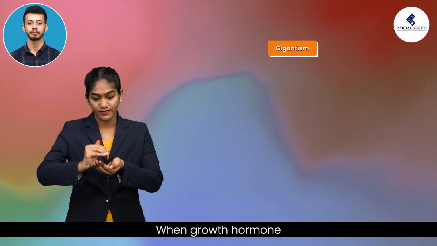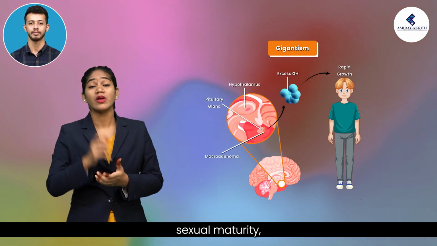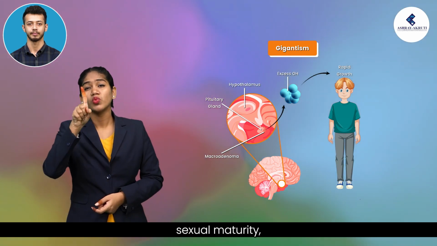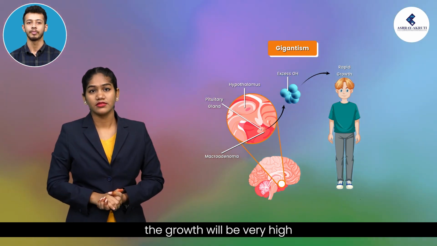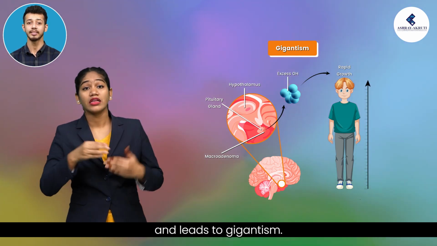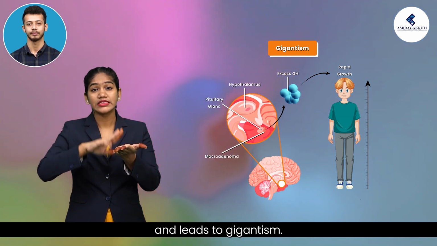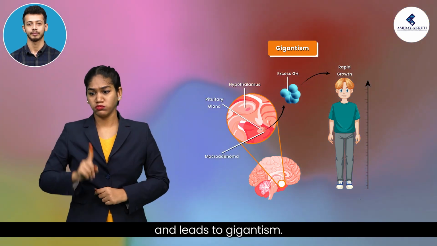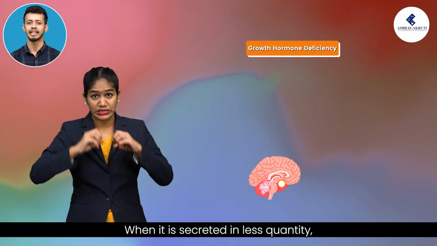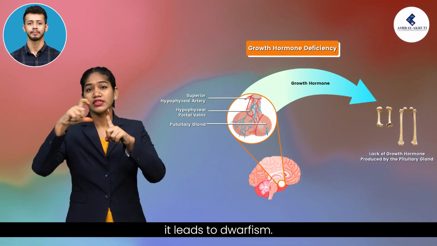When growth hormone is secreted in excess before sexual maturity, the growth will be very high and leads to gigantism. When it is secreted in less quantity, it leads to dwarfism.